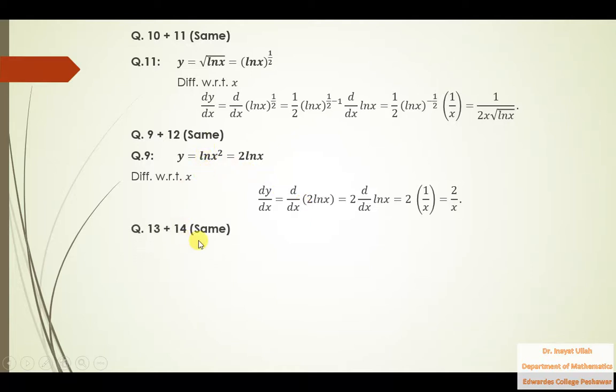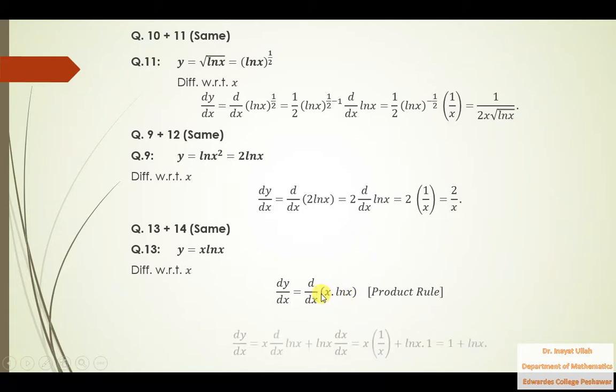Similarly, 13 and 14 are same. Question number 13 says: differentiate this function y is equal to x into log of x. We see that this is the product of two functions, x and log of x. So we will apply the product rule here. Differentiate this function with respect to x and differentiate this as well. So that is the product rule, u dot v.